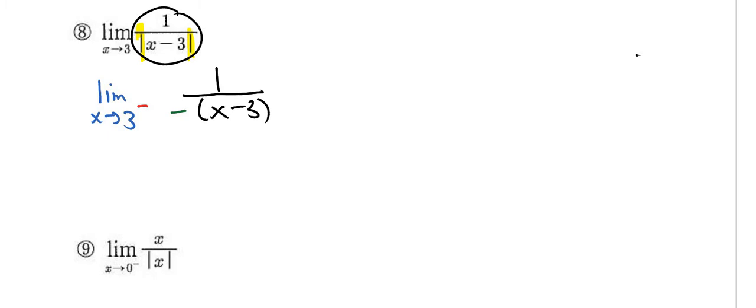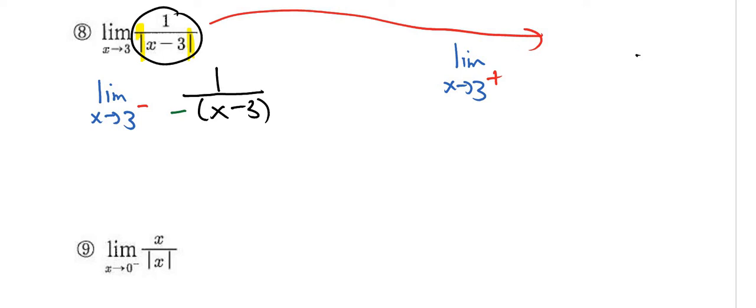And if I take the limit as x approaches 3 from the right-hand side, this function now just becomes 1 over x minus 3.